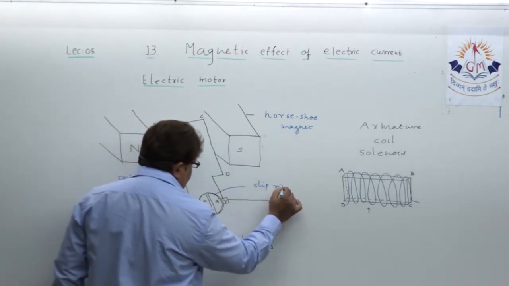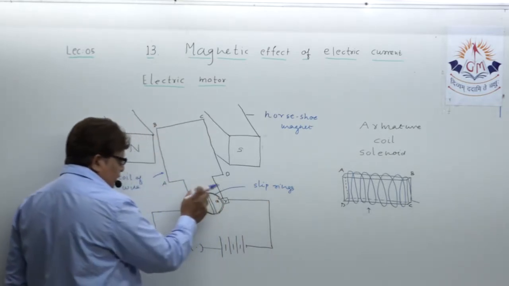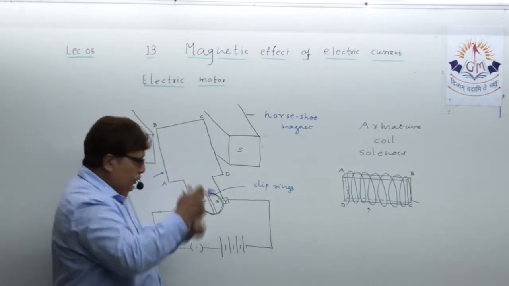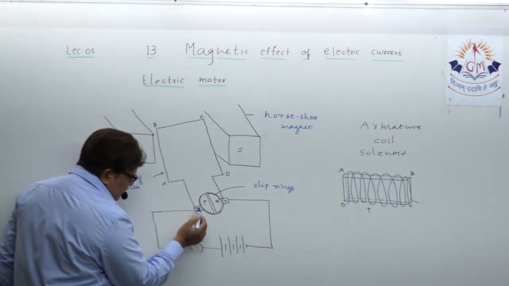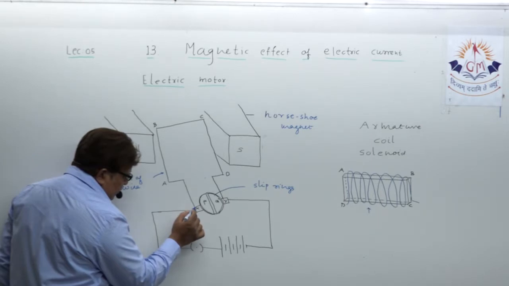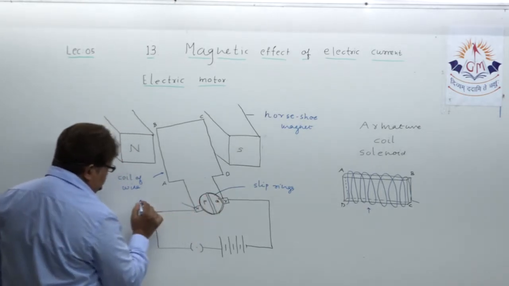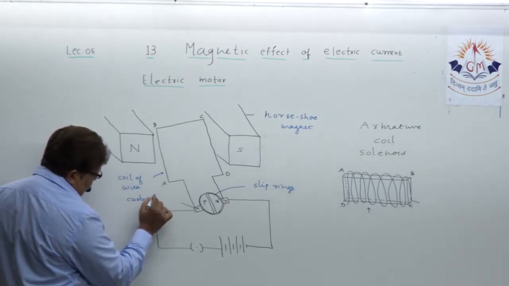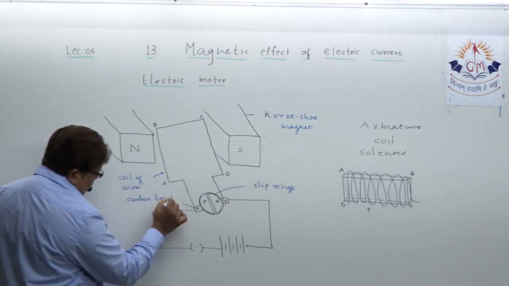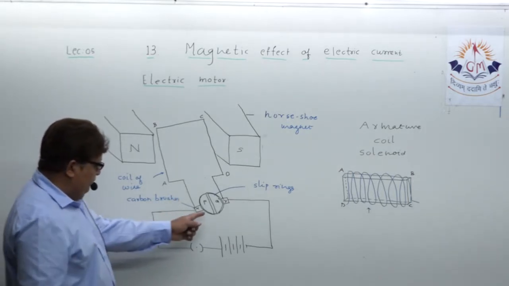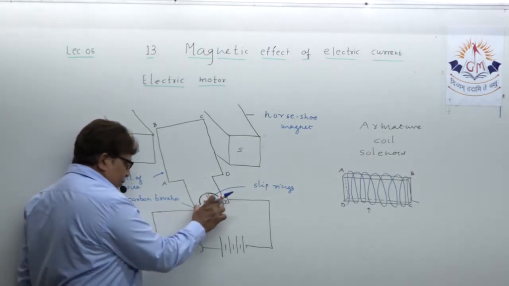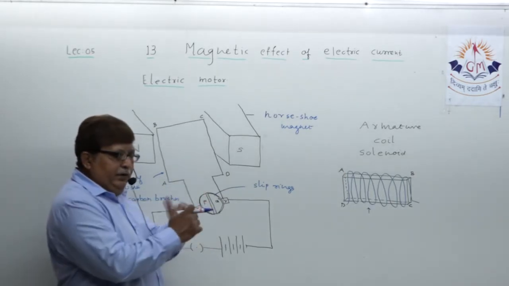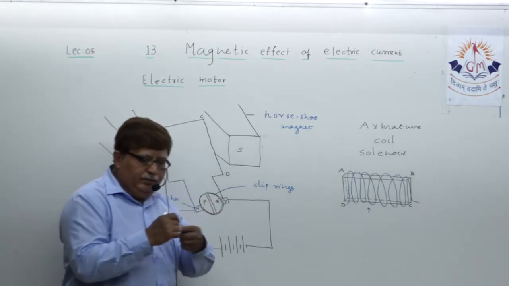Slip rings means this ring is going to slip, understand, on what? On the edges of this carbon brushes. Actually there are two carbon brushes, which are no doubt stationary, and this slip ring, understand, it is looking like this.